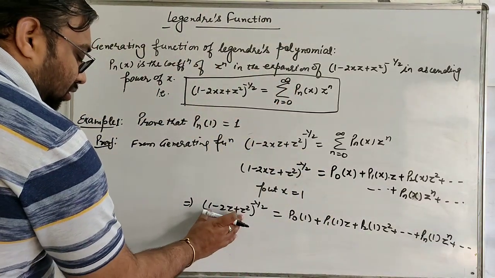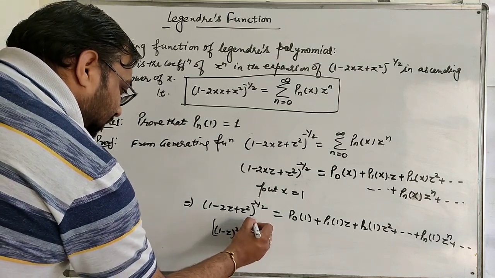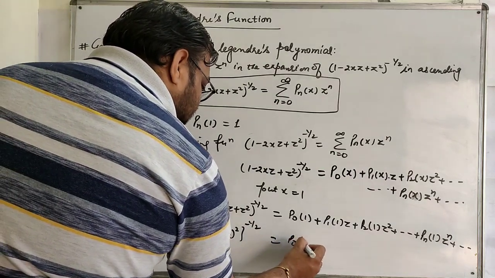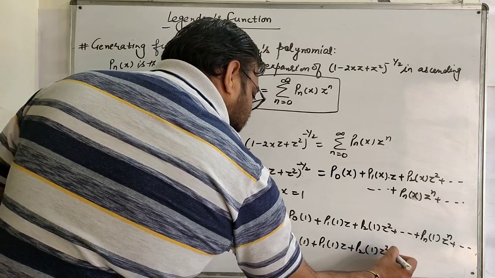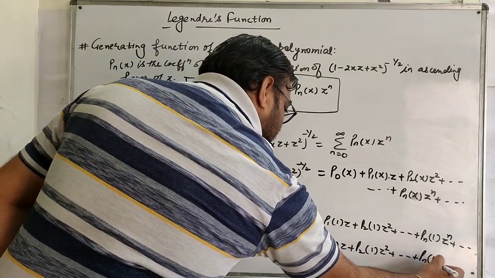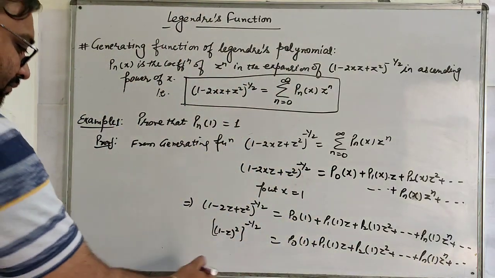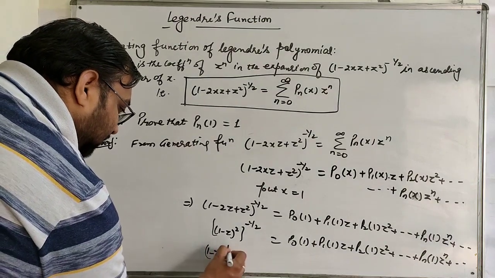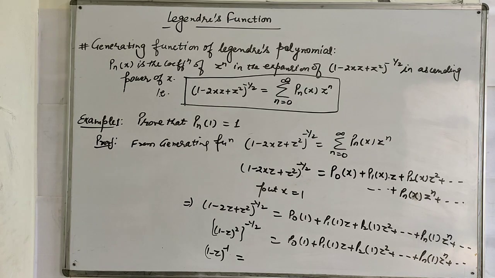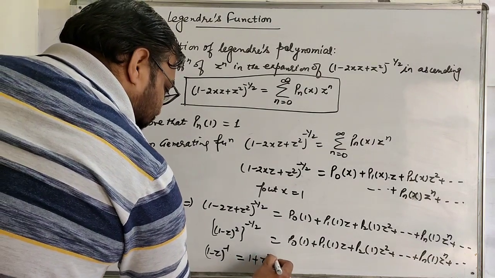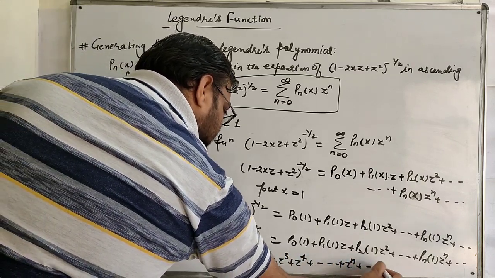This is the whole square of 1 minus z, that is (1 minus z) whole square power minus 1 by 2, which is equal to P0(1) plus P1(1) z plus P2(1) z square and so on, Pn(1) z raised to power n and so on. This can be replaced as (1 minus z) inverse, which is equal to the expansion 1 plus z plus z square plus z cube plus z raised to power 4, z raised to power n and so on.